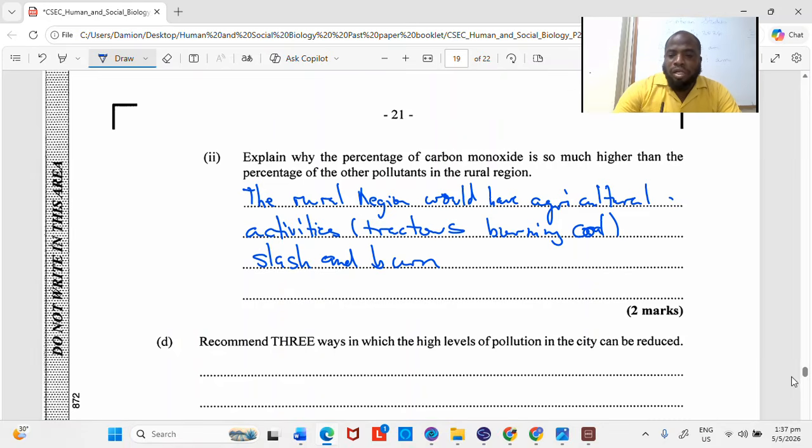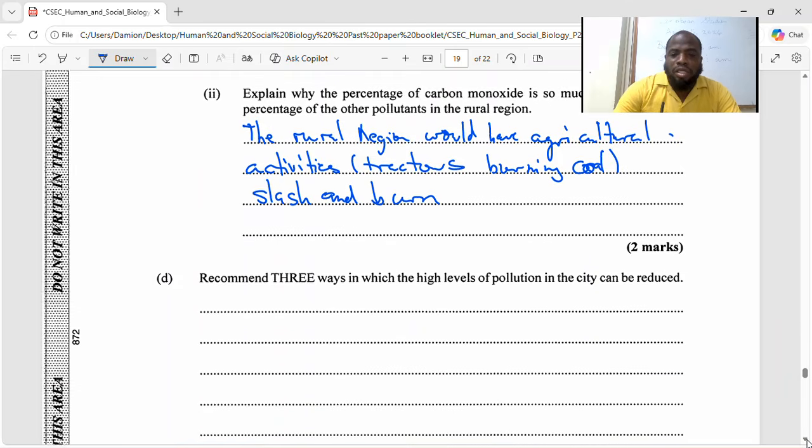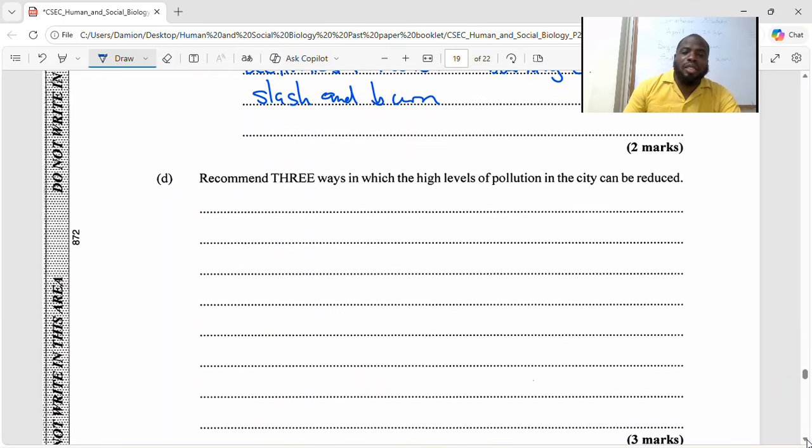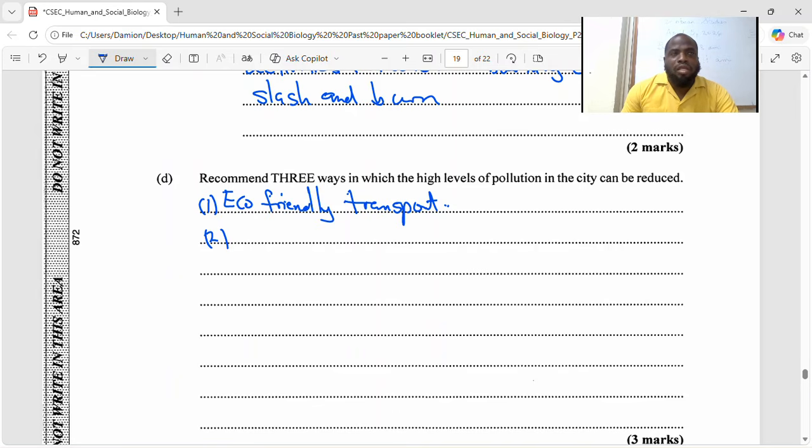So recommend 3 ways in which the high level of pollution in the cities can be reduced. Eco-friendly transport. So we can invest in electrical vehicles that will be more eco-friendly.